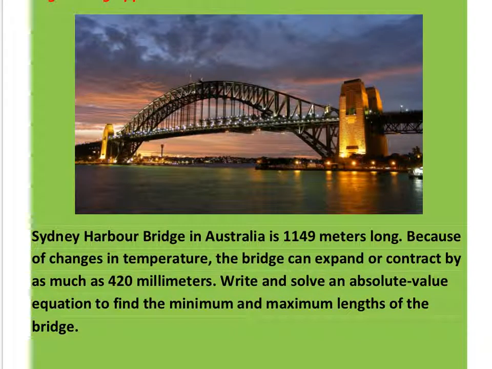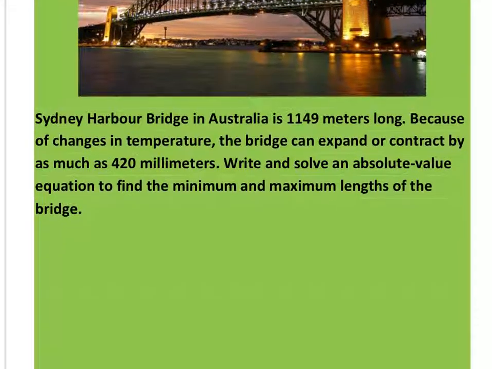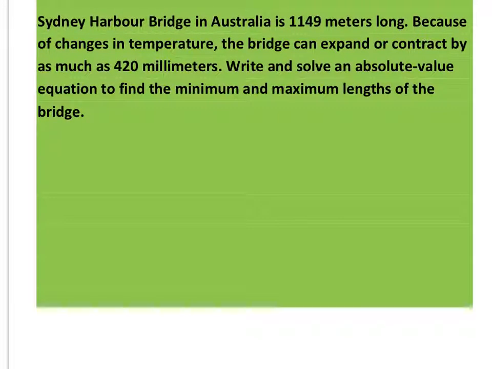Finally, let's look at this particular word problem. It says that the Sydney Harbour Bridge in Australia is 1,149 meters long. Because of changes in temperature, the bridge can expand or contract by as much as 420 millimeters. You are to write and solve an absolute value equation to find the minimum and maximum lengths of the bridge. So, how do we do that?